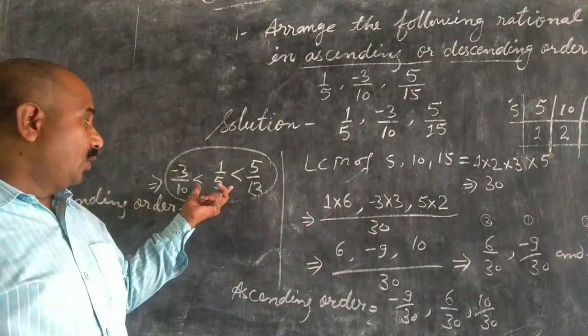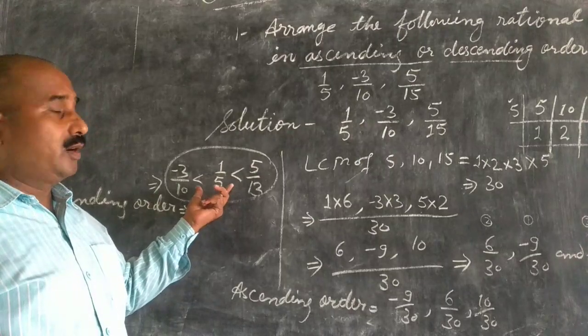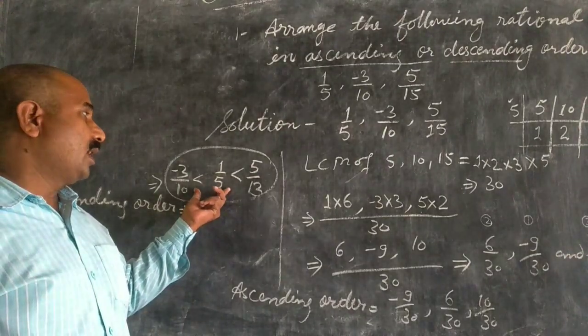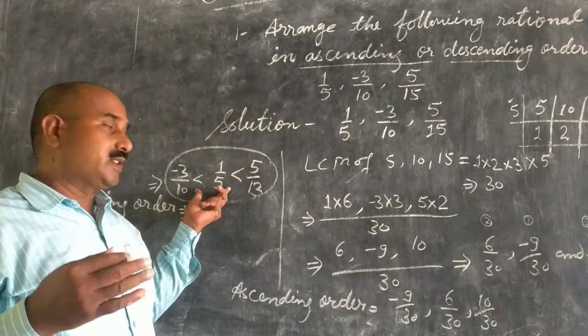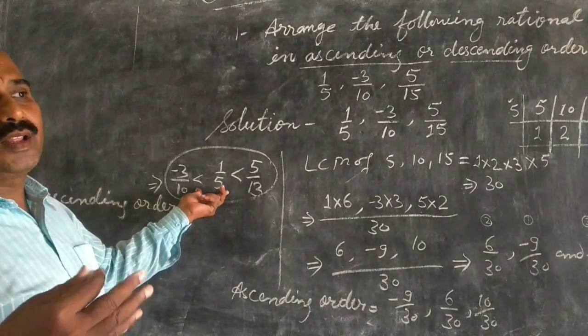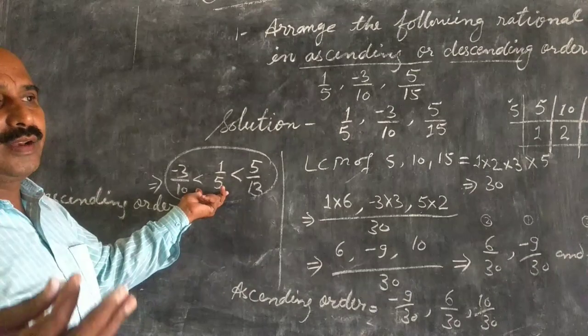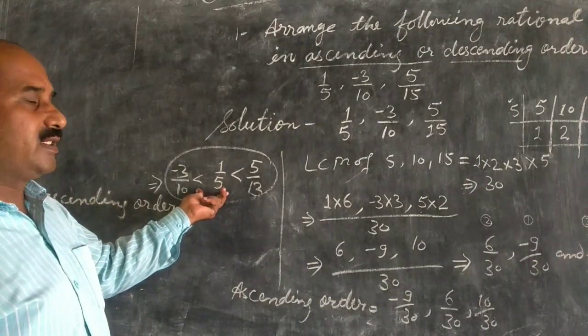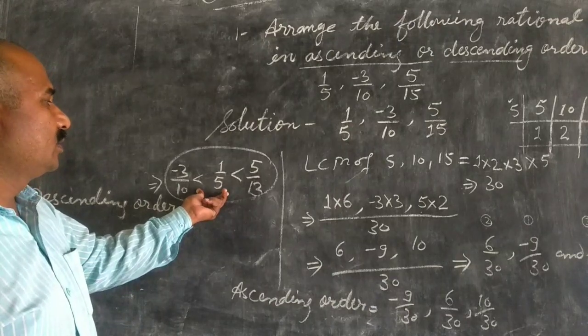Now if you want to write the same numbers in descending order, you write the largest number first. After that smaller, then smaller, and at last you write the smallest rational number.